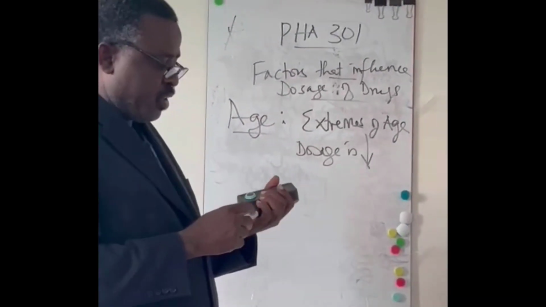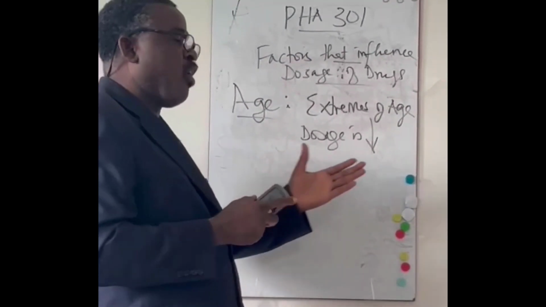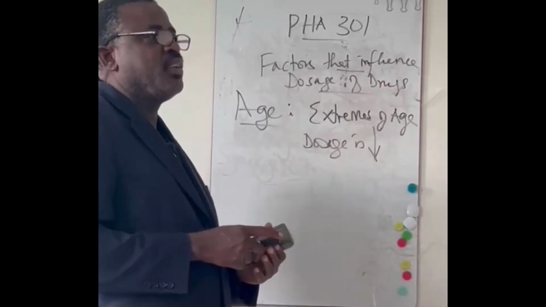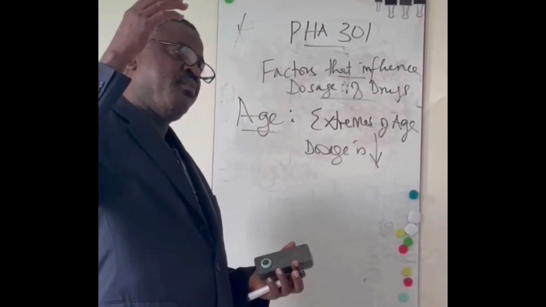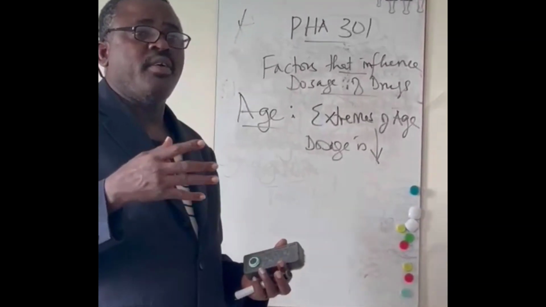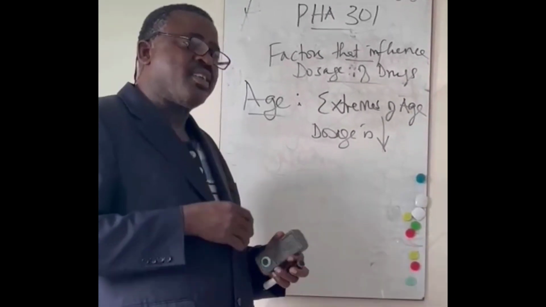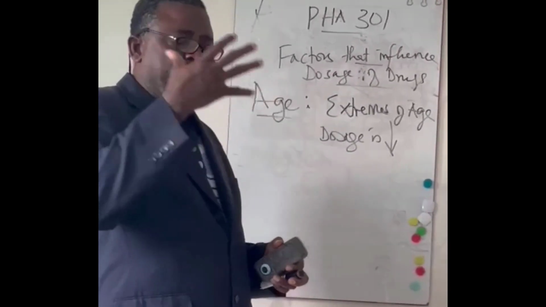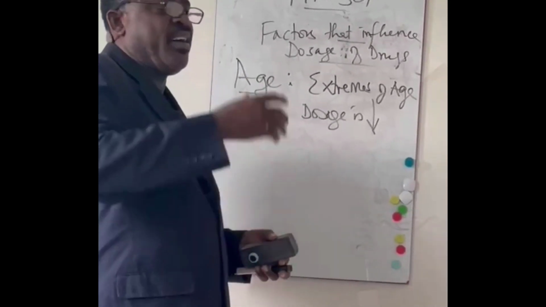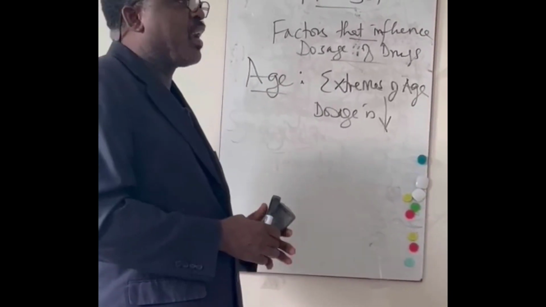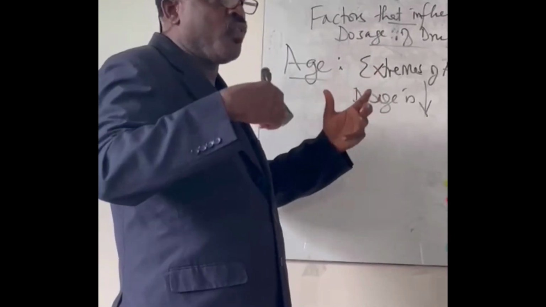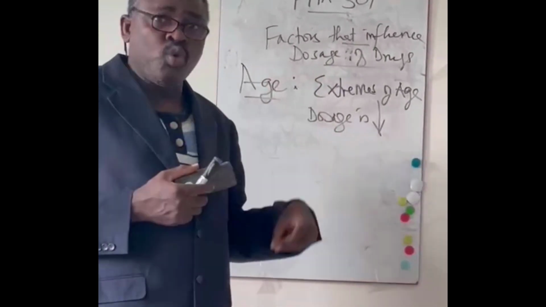What I mean by this is the extreme of age, like in a growing child, toddler, or infant, because their physiology is not well developed, their organs are poorly developed, or they are still developing. So they cannot accommodate the effect of drugs as adults would do.